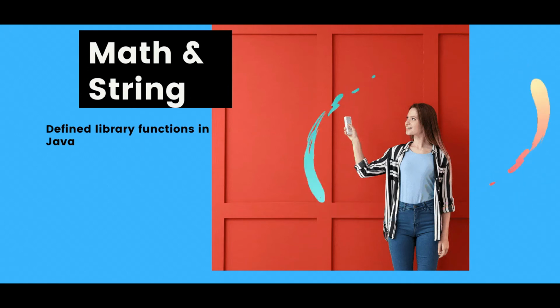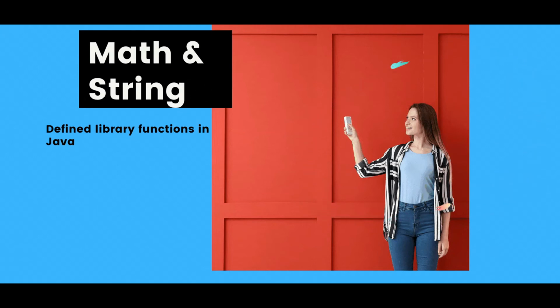Inside those libraries, there are some functions that have already been built for us to make our work easy. For example, if we have 10 numbers and we want to find which is the greatest of them, we already have a function defined in the math library named max, which finds the maximum number.